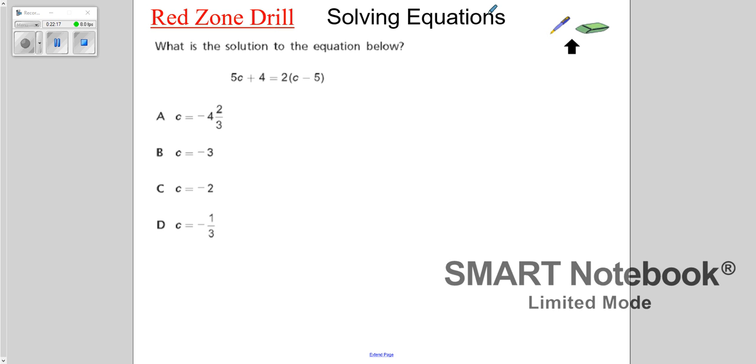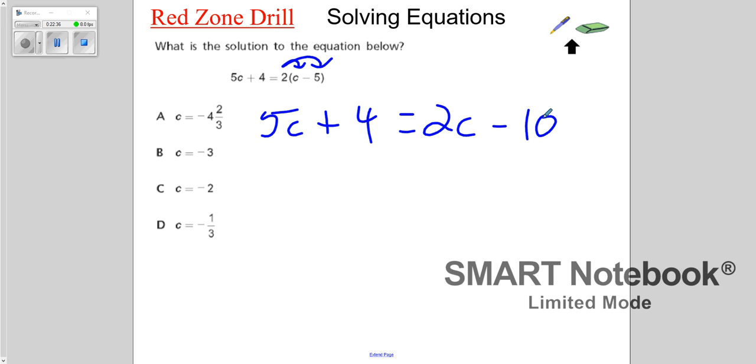All right, same thing here. Try to go ahead. I'm going to give it like 5 seconds, and I'm going to do it. All right, here we go. Distributive property, 5c plus 4 equals 2c minus 10. Variables on both sides. Probably easier to move the smaller variable to get rid of it. Do the inverse.